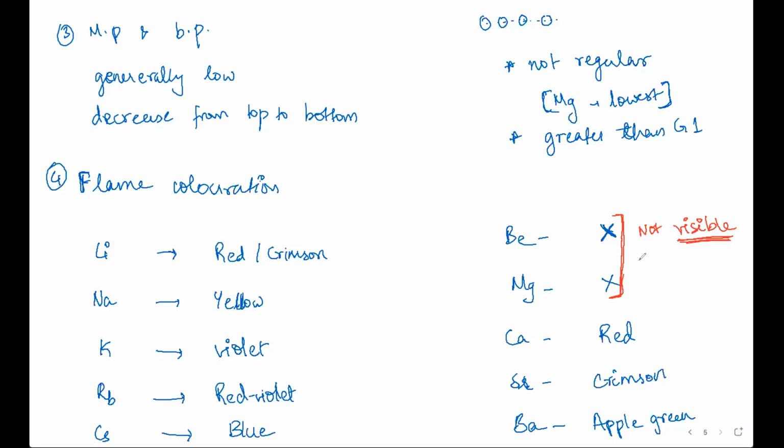So they emit rays in, I think, UV. It is much stronger than visible. So that's why they're not visible to you. That's why they don't have a particular color as such. That's why when magnesium burns, you need to protect your eyes. You can't directly look at the flame.